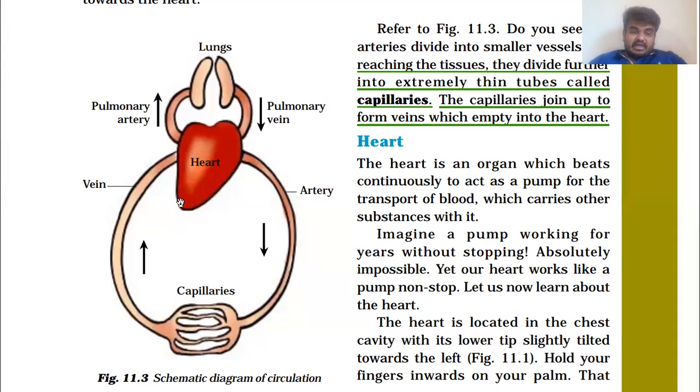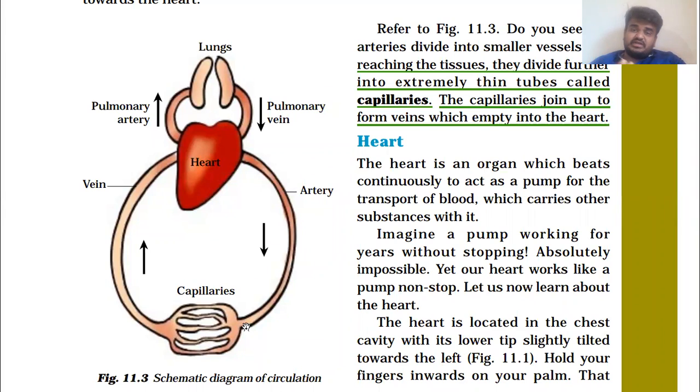Apart from this, the blood which is carried by the artery from the heart to other parts of the body goes with the help of these capillaries. These capillaries are thin tubes only. After reaching the tissues, this artery is divided into thin tubes, that are called capillaries.